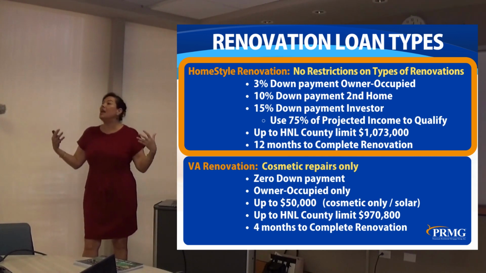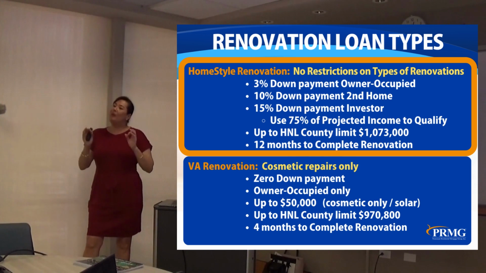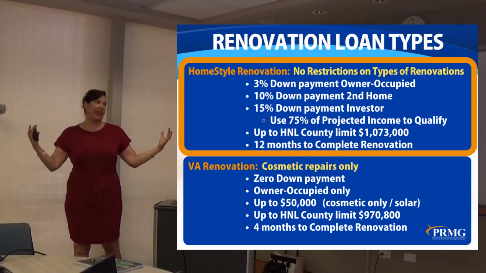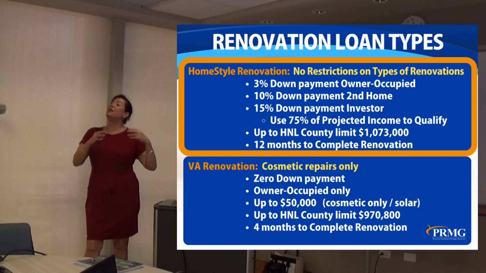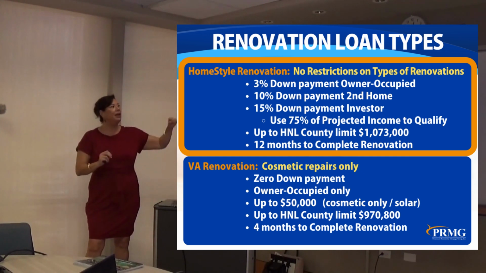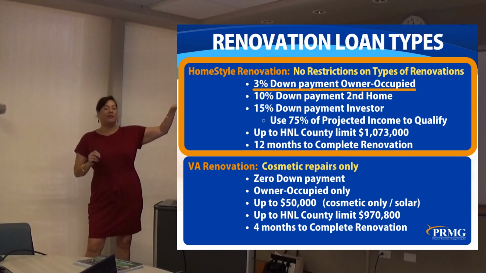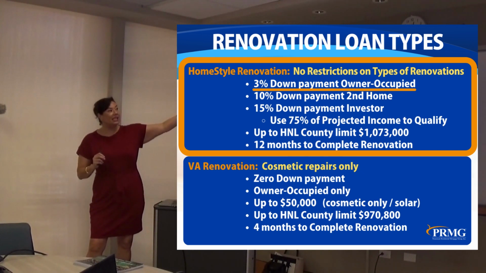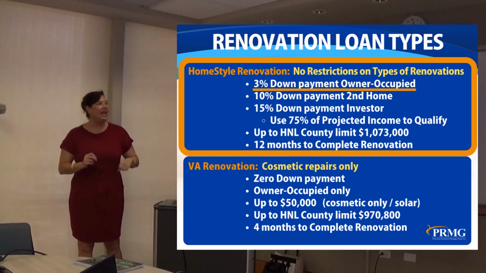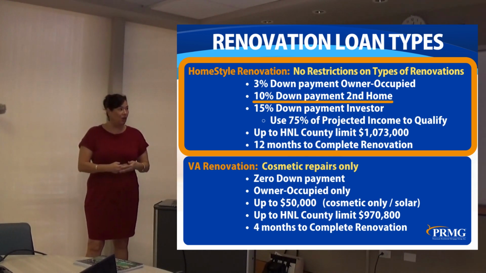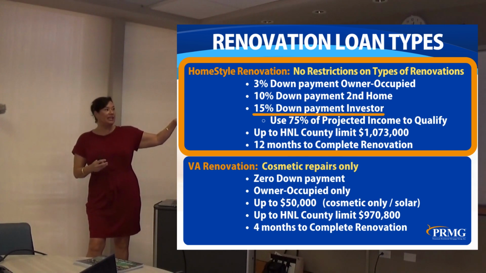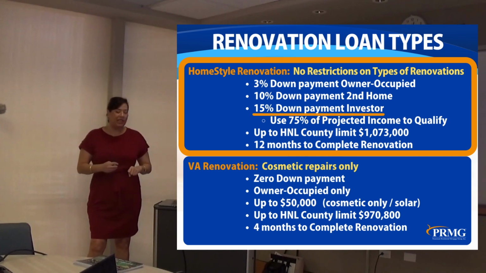The guidelines are very similar, but with some extra things that are not allowed under the FHA program, because FHA is a government program. This is a private sector Fannie Mae program. It does allow for as little as 3% down on owner-occupied, 10% down if you're doing a secondary home or a vacation home, and 15% down as a down payment of an investor.